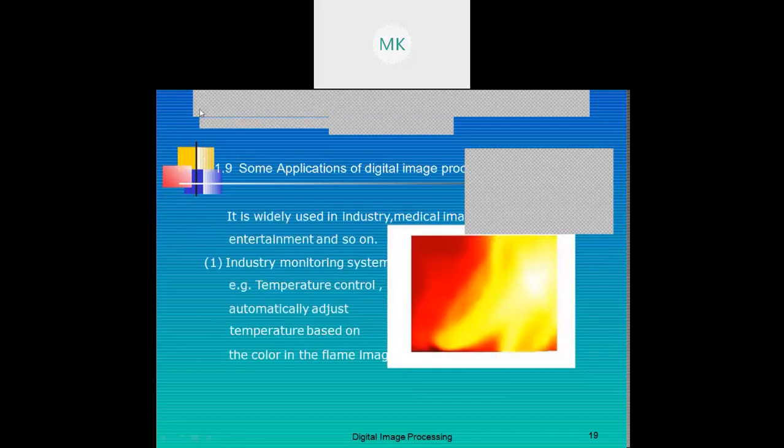Now we'll consider the applications of digital image processing. It is widely used in industry, medical image analysis, entertainment, and so on. Imagine that you are walking around a garden in some foreign country and you want to know the name of some flowers. Since you are in a distinct country, you can't understand the language written on the message board.